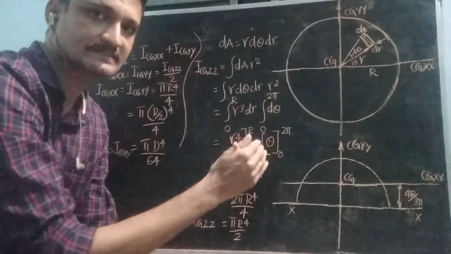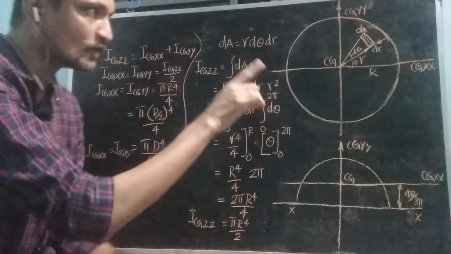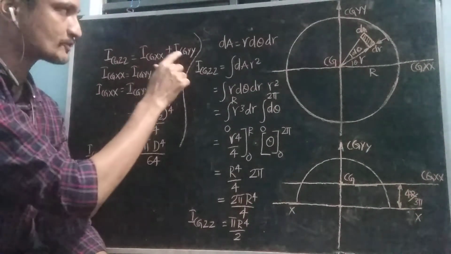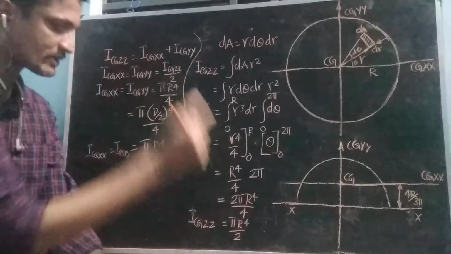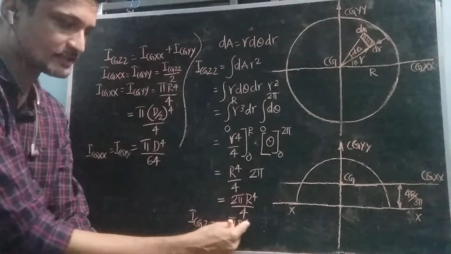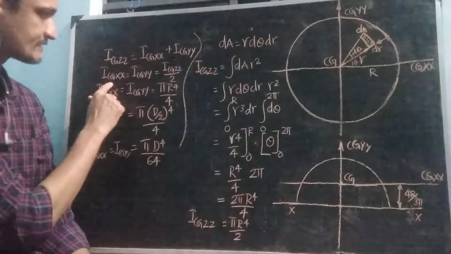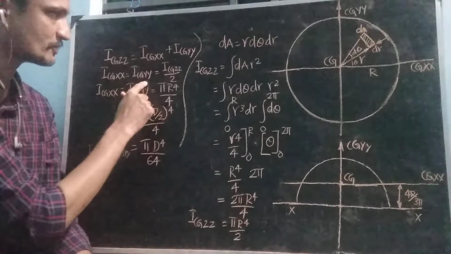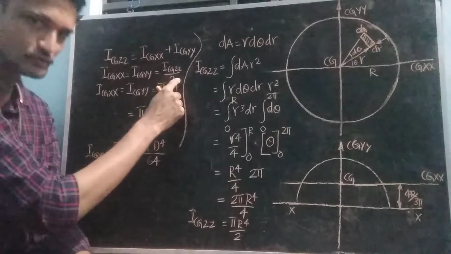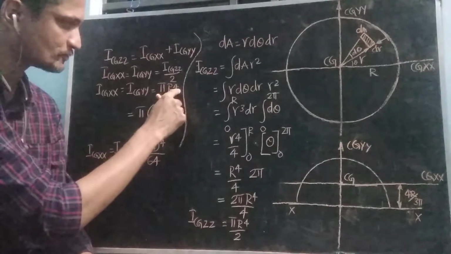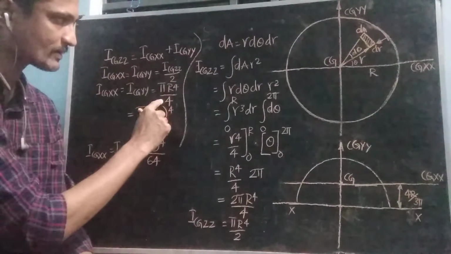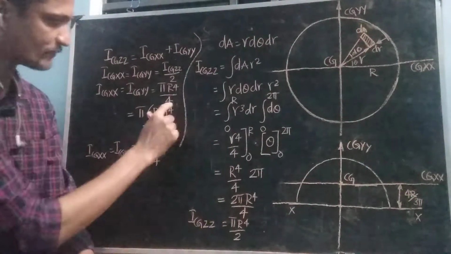So ICGXX is equal to ICGYY. Then ICGZZ we already found out, pi r raised to 4 by 2. Then ICGXX is equal to ICGYY is equal to ICGZZ divided by 2, which is pi r raised to 4 divided by 4.